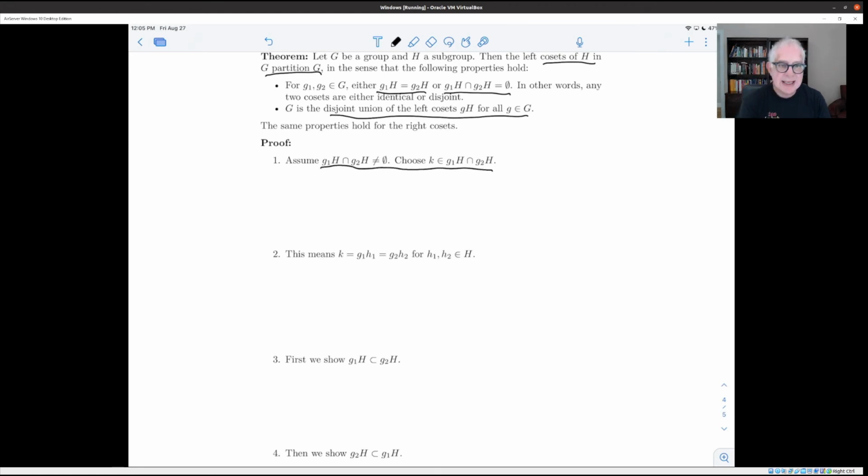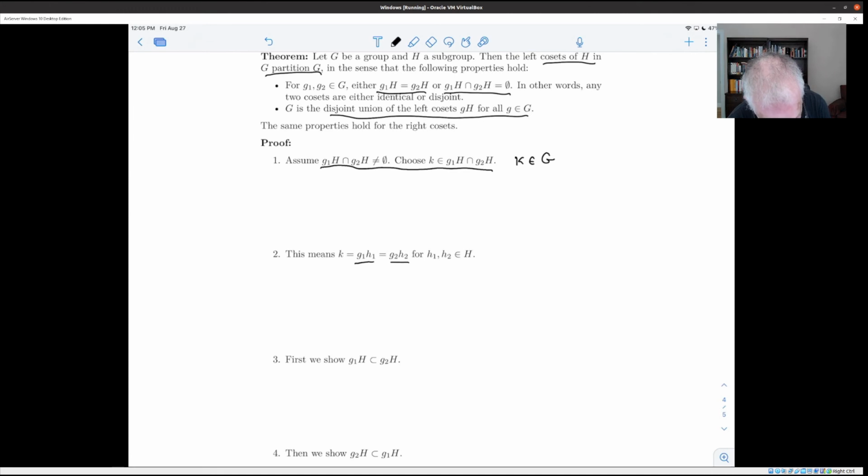So that means there's a k which belongs to the intersection of these 2 cosets. This k is a group element. And if there's an element that belongs to 2 different cosets, it means that you can write that element as g1h1 and also as g2h2 for different elements, probably, h1 and h2 in H. And what does this say?